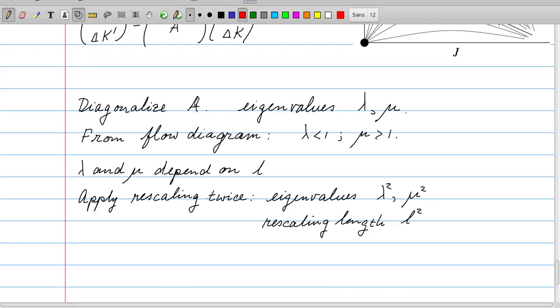So I have A squared, and the eigenvalues of A squared are lambda squared and mu squared. So what we can conclude is that lambda of L squared is lambda of L, squared, and we have the same property for mu.